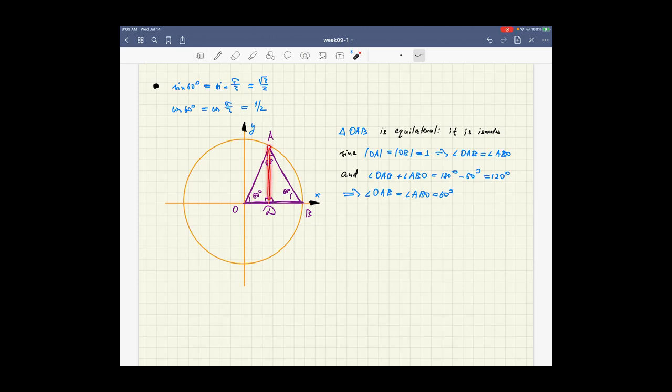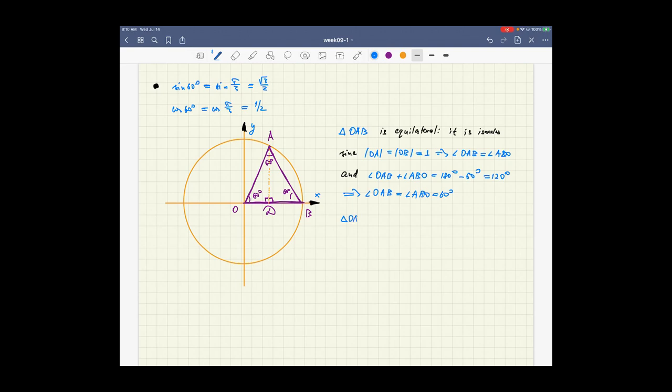And in this right triangle, we have hypotenuse 1 and one angle is 60 degrees. And both triangles share one side. So of course they're equal.